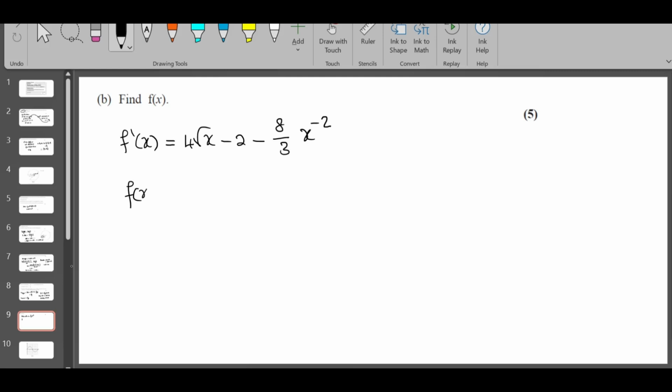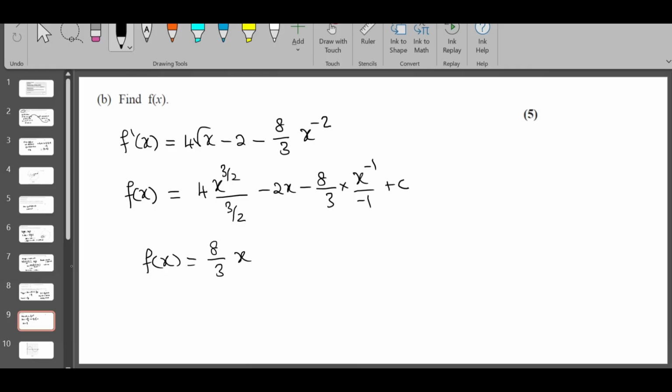So f of x, when you integrate both sides, you will get f of x is 4x power half plus 1 over half plus 1 minus 2x minus 8 over 3 x power minus 2 plus 1, which is minus 1, by minus 1 plus c. So f of x is 8 over 3 x power 3 by 2 minus 2x plus 8 over 3 x power minus 1 plus c.